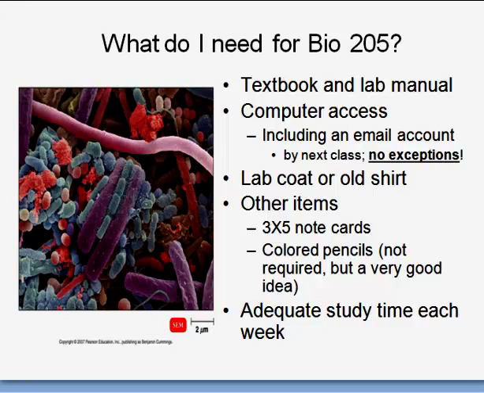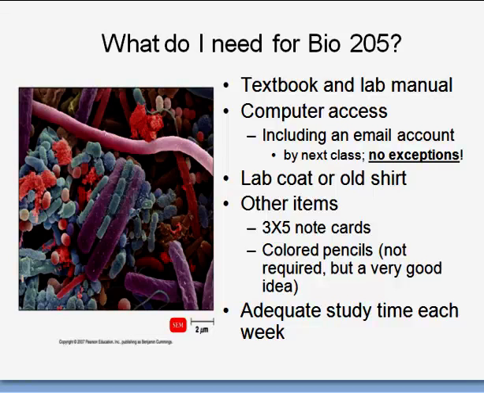You must also have computer access. Those of you who are taking this class as a blended format, it is required. It is essential for you to have it, so you can check the requirements for this class.